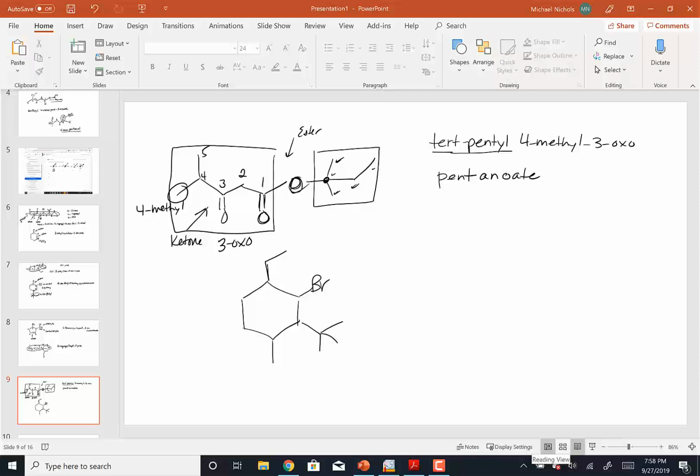And so in this case, I have to number either 1, 2, 3, 4, or inside here 1, 2, 3, 4, because that's the lowest sum of substituent numbers I can get of 1 plus 2 plus 3 plus 4, which is 10.